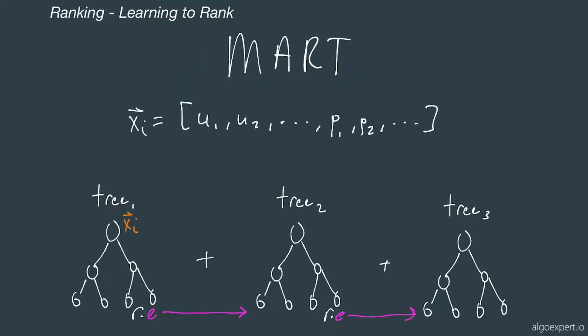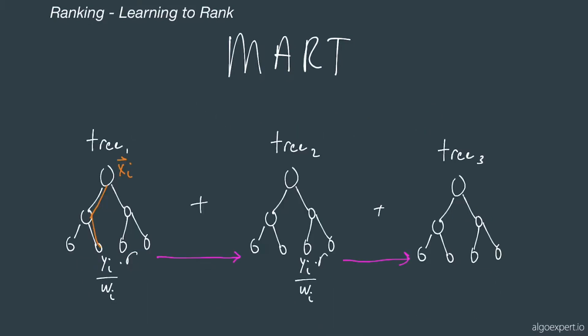So MART will take in a single example, and here we just have the user features and the features of the post. In our case, this can be embeddings, or it can be specific side features that we talked about in the recommendation video. This example will find itself at a leaf node after it traverses down. This leaf node will take on a value, so here we're going to move this up to make a little bit of room.